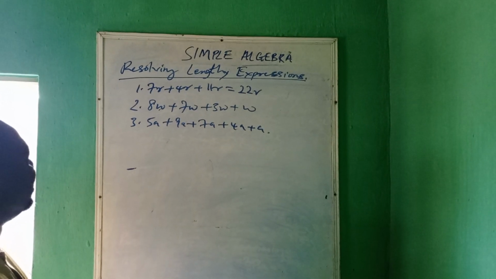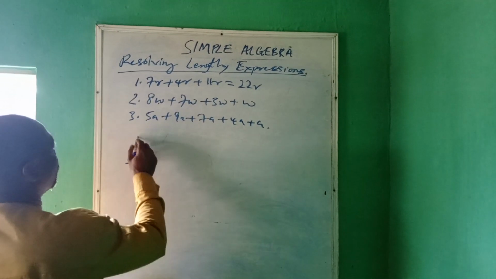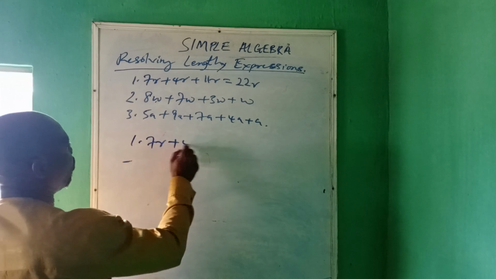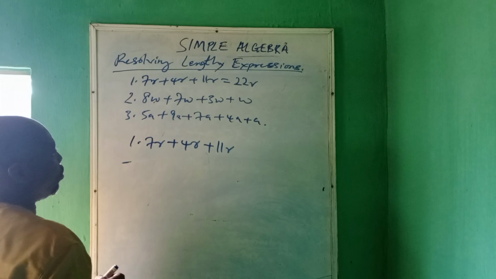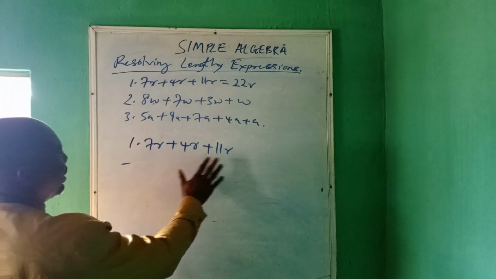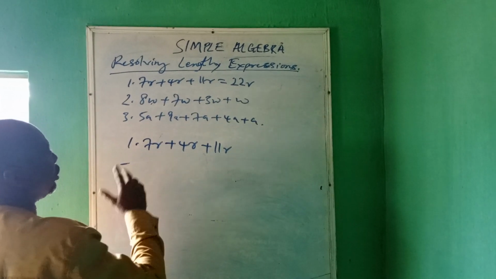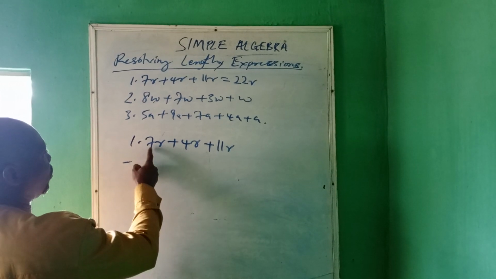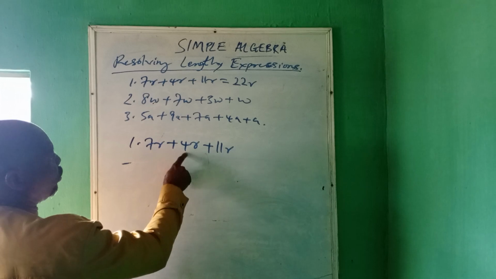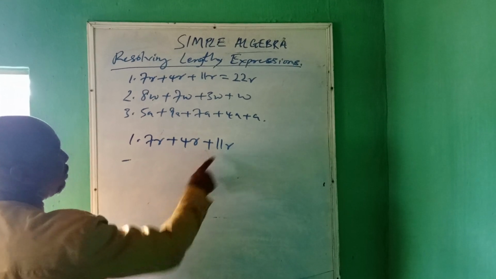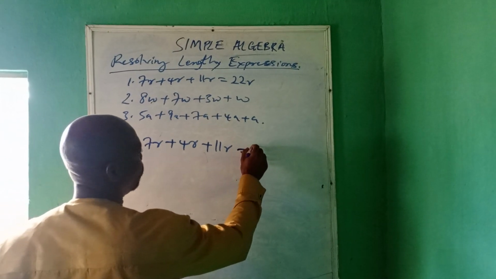The first one is like if you're given number one, 7 hour plus 4 hour plus 11 hour. One way is to add it step by step. The second way is to just add your 7 plus 4. That will give you 11. 11 plus 11 is 22.